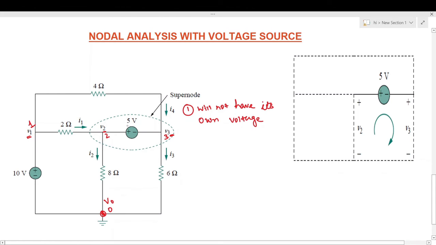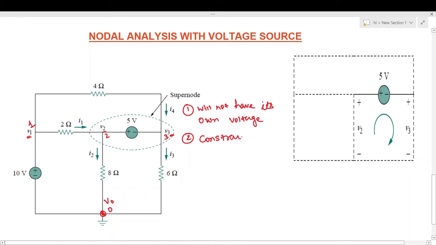This voltage source which is connected between the nodes 2 and 3 will form the super node, and this voltage source may have parallel elements also. Still it will form the super node, and this super node has certain properties. The first property is it will not have its own voltage, and it will provide the constraint equation. So by using this equation we can easily solve and find out the node voltages.